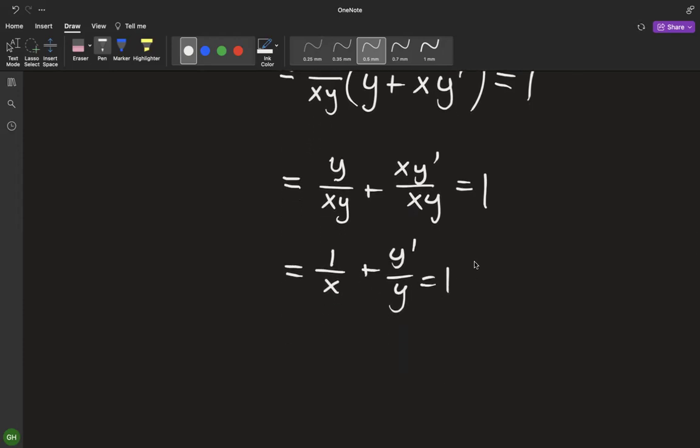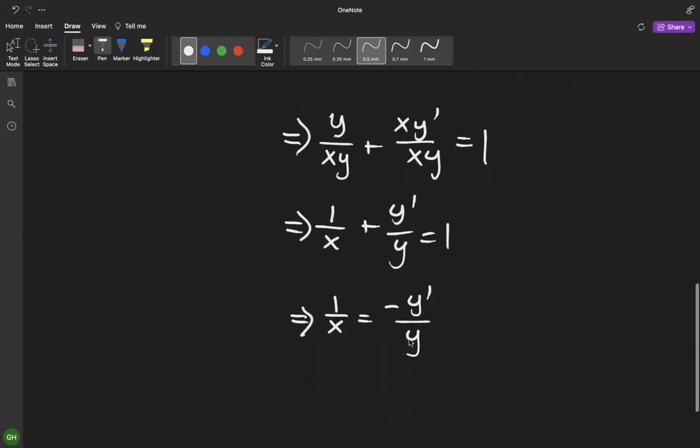Then I want to get all the terms with a y prime onto one side. So I'm going to say 1 over x equals negative y prime over y. And then from here, I just want to get y prime by itself. So I'm going to multiply by negative y to both sides. So I'm going to get that y prime equals negative y over x.